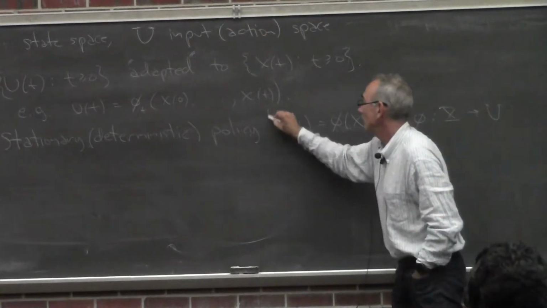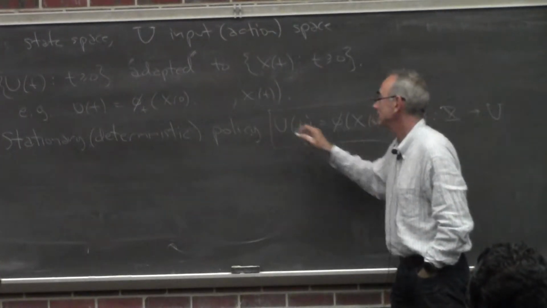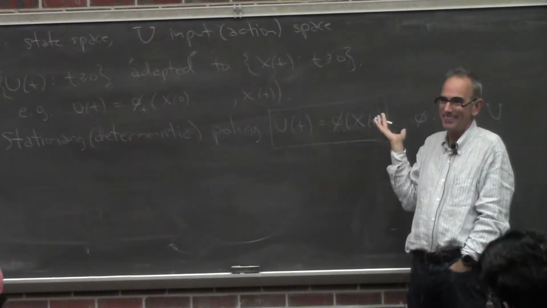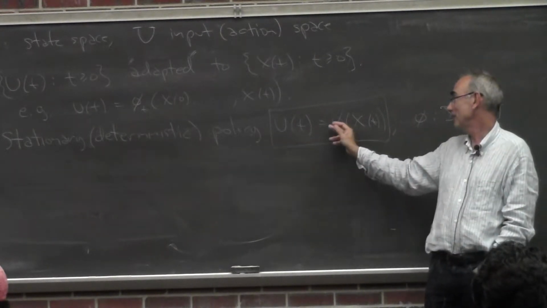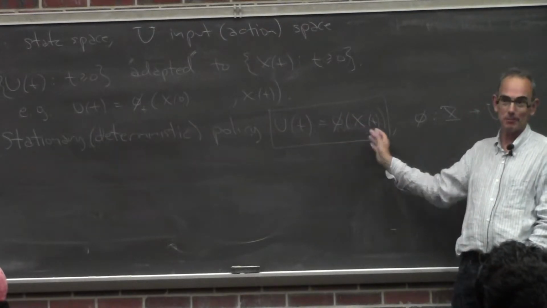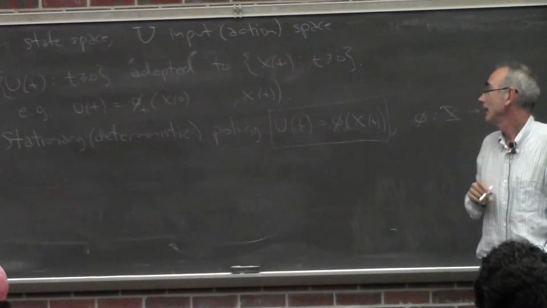What they call a stationary deterministic policy is state feedback: my input at time t is a static function of my current state, period.